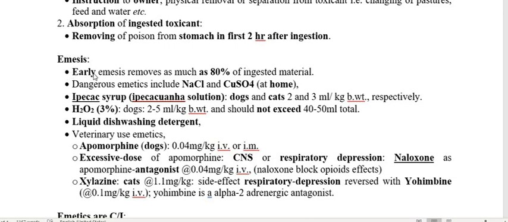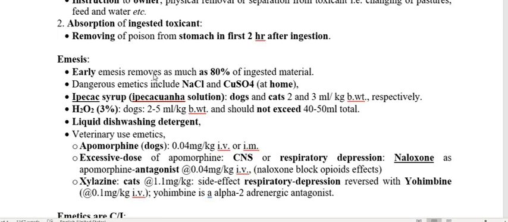Emesis is a process by which we induce vomiting in the poisoned animal, and therefore it will remove the toxicant present in the GI tract. By this process, about 80% of the ingested toxicant can be removed from the GI tract.